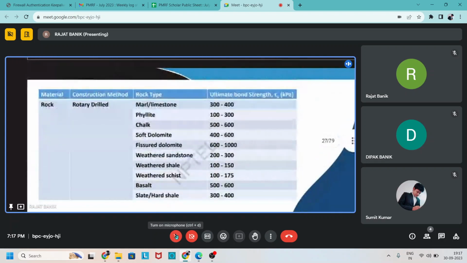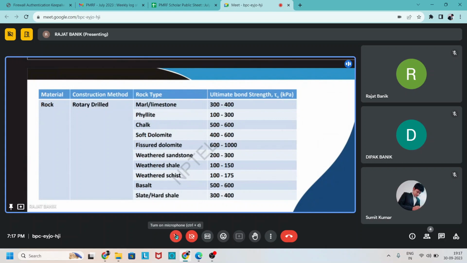And here a table is given with the material, and this table is for finding out the ultimate bond strength of the soil nail. So we use rock material, and the construction method is rotary drill.